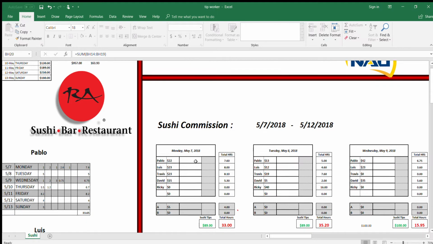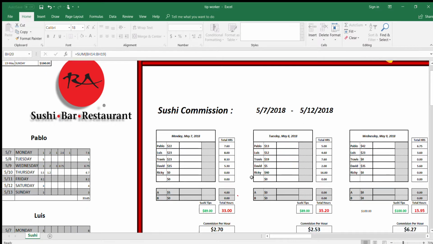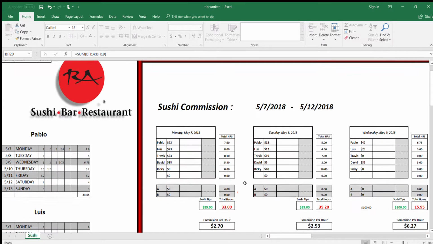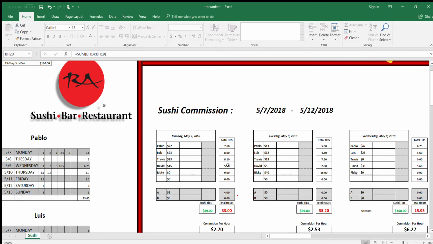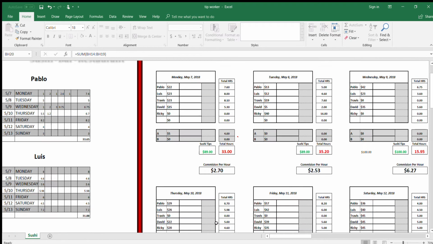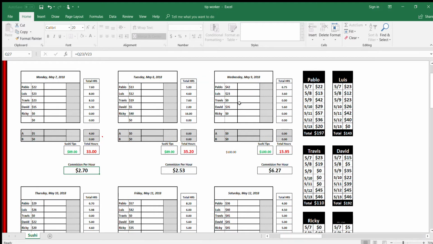Again, for this side of it, what a sushi chef would do is see how much they worked, see how much the sushi tips were for that day, and remember how hard the workload was on that day. Take, for instance, Wednesday, when we only had 3 sushi chefs: you notice that the commissions were a lot higher.